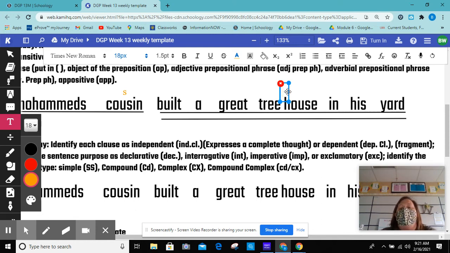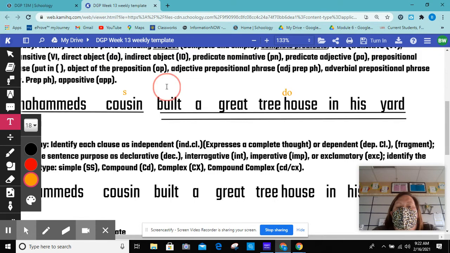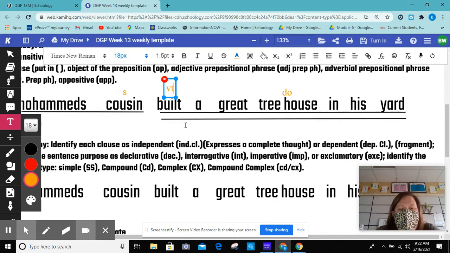So what is the abbreviation for a direct object? D-O. Good. Now, if I can answer who or what after my verb and I have a direct object, does that make my verb transitive or intransitive? Transitive. Good. What is the abbreviation for a transitive verb? VT.